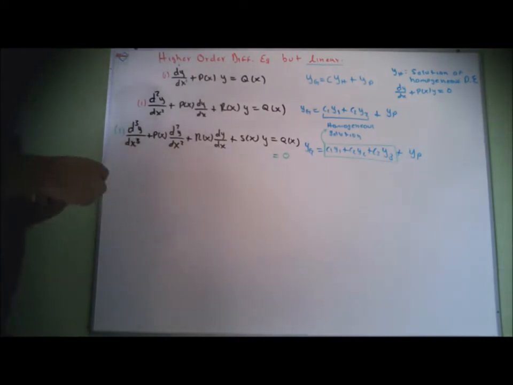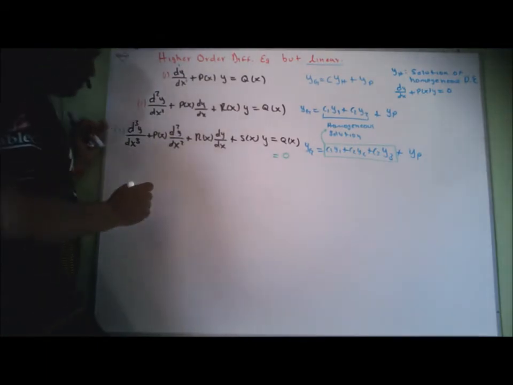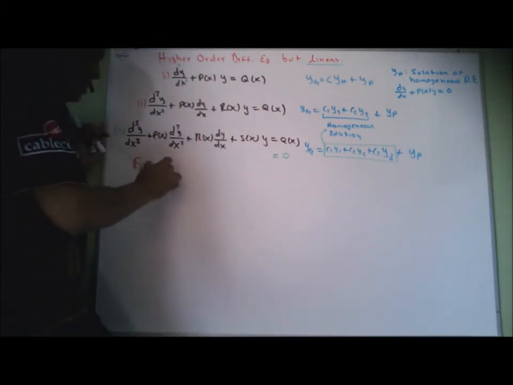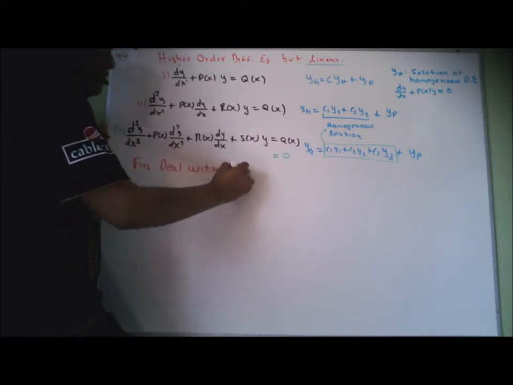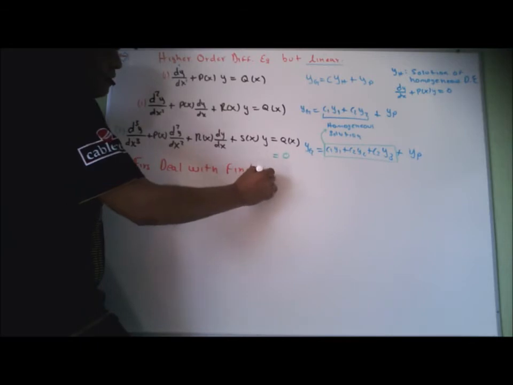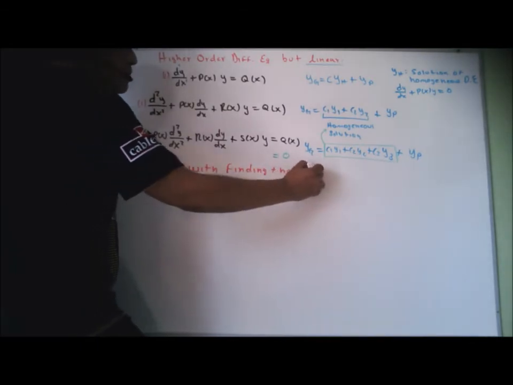Now, what we are going to do here is, to make this problem easier, let's assume for the moment that the differential equation is homogeneous. Let's deal with the homogeneous part first, finding the homogeneous solution.